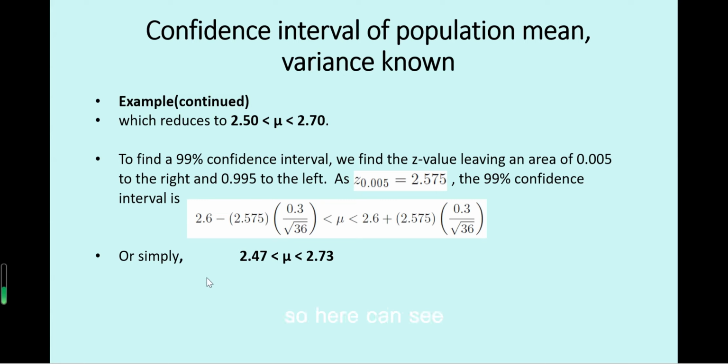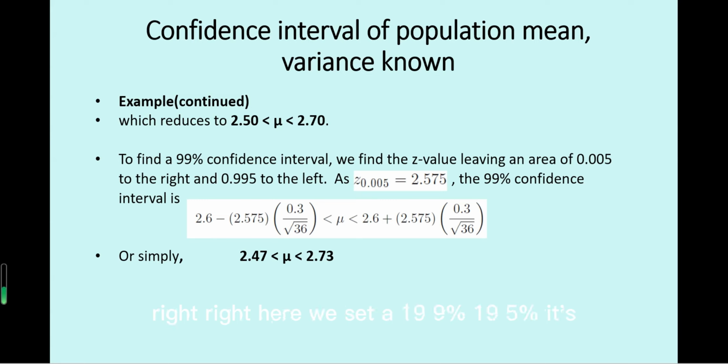Here you can see the 99% confidence interval is wider than the 95% confidence interval. This is understandable because when the confidence is higher, we must have a wider range. If we had a 100% confidence interval, we could say the population mean is from negative infinity to positive infinity, which is the same as doing nothing in the estimation.